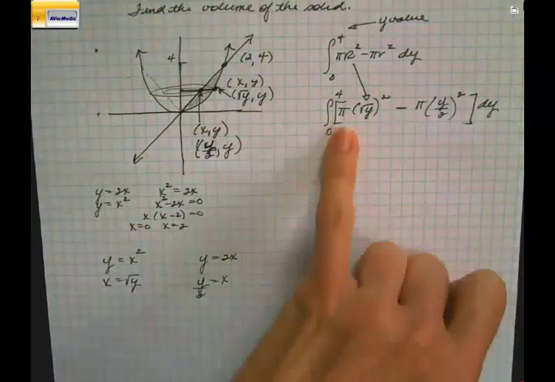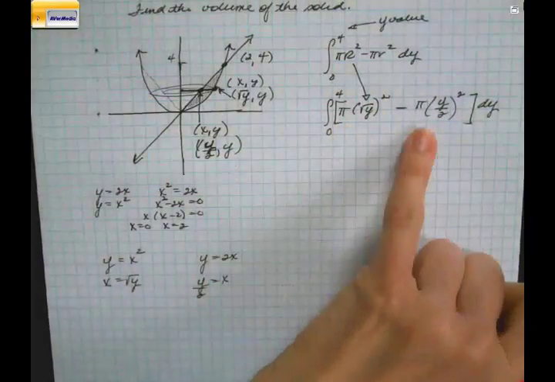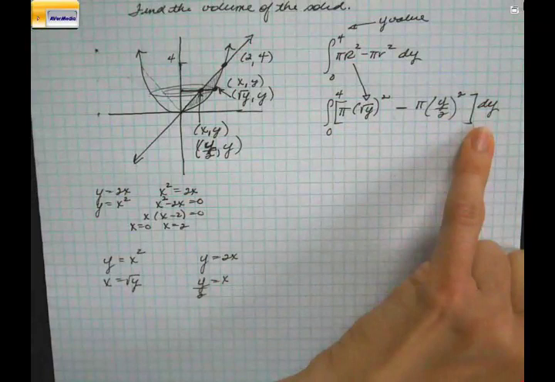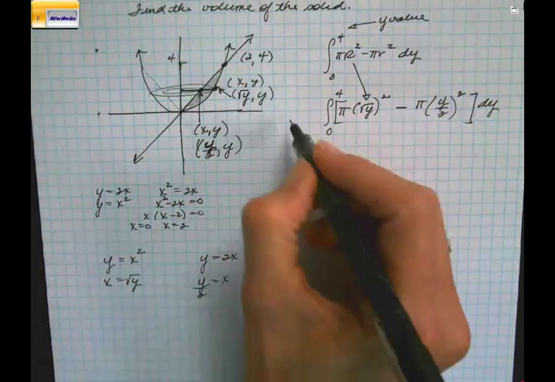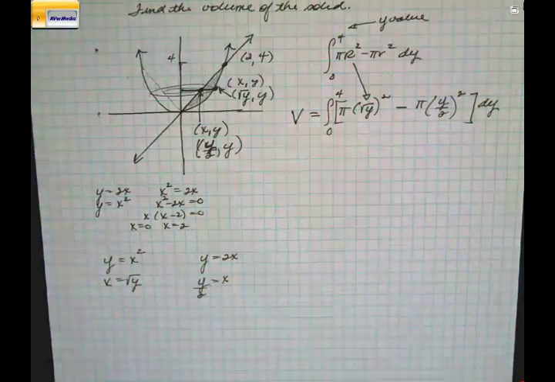So this is the outside circle, which is really the area of the whole disk, minus the inside circle, which is really the area of the hole. And to convert it all to volume, you take the areas times the width of each one of those disks, which is approaching 0, which will therefore give me the volume of that solid spinning around the y-axis.